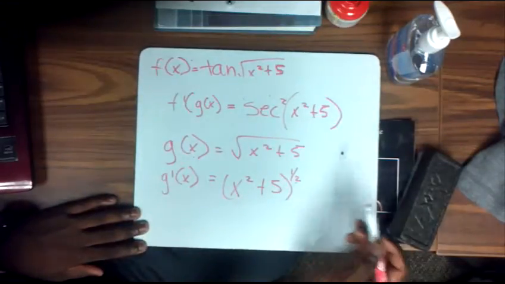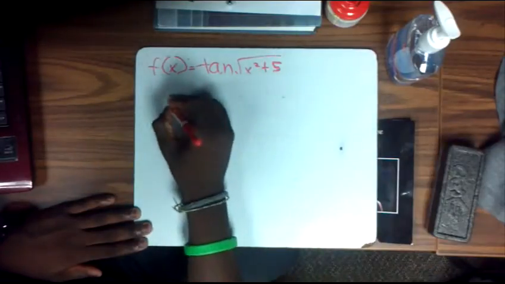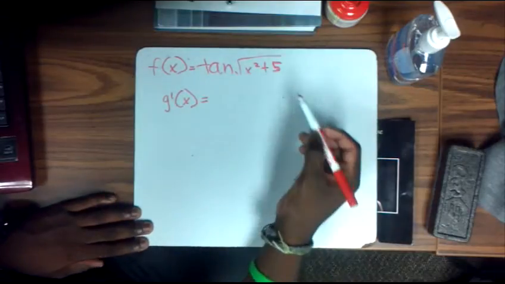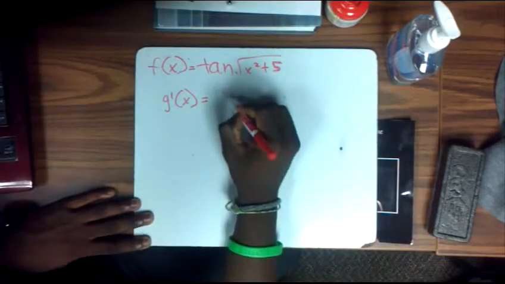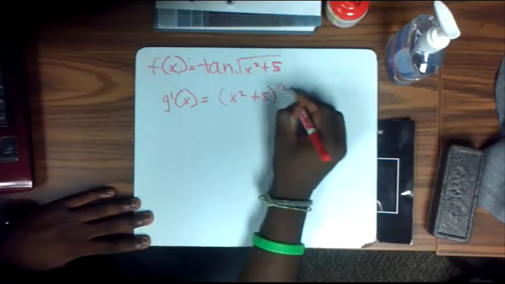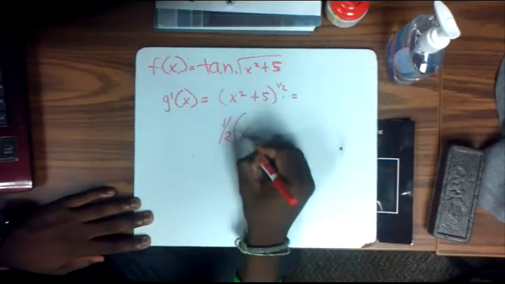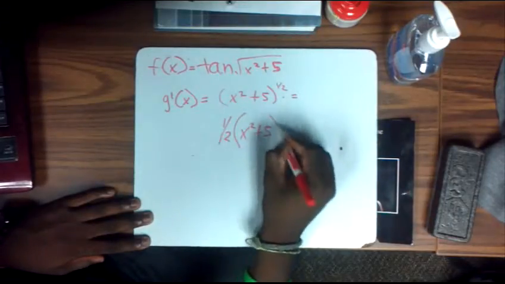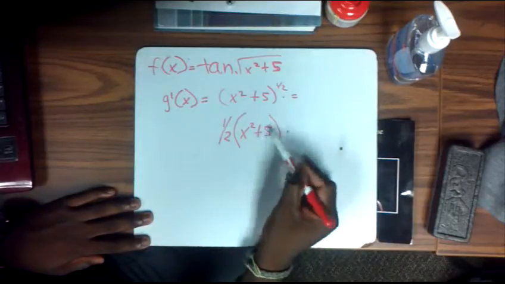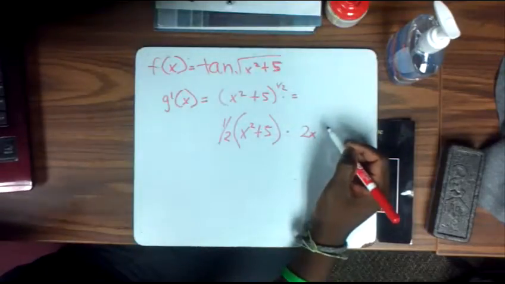So doing the derivative, let me erase all of this. The derivative of x squared plus 5 to the 1/2 would equal 1/2 times x squared plus 5 times the derivative of the inside of this parentheses, which would just equal 2x.